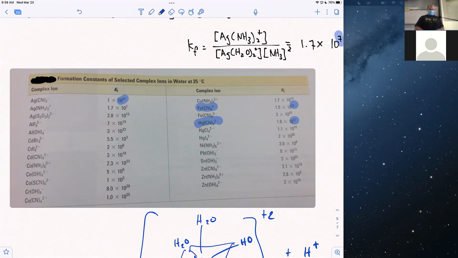Another way is to find rocks that have very low concentrations of gold in them. Same idea: we make heavy mud by crunching up the rocks and washing them over and over again.